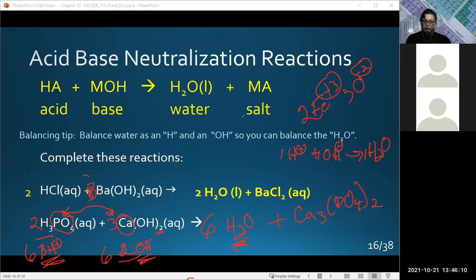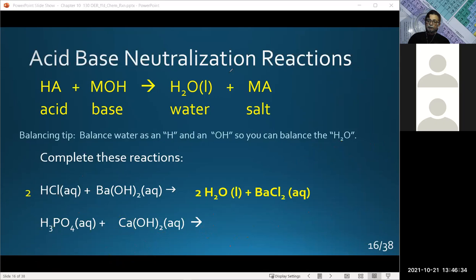Okay. So now let's check to make sure that we are balanced. And so we have 2 phosphates coming from phosphoric acid. Guess what? We got 2 phosphates right here. We got 3 calciums in the form of calcium phosphate, and we have 3 calciums in the form of calcium hydroxide. Let me clear it up a little bit and look at the numbers through there. Follow the protons first.